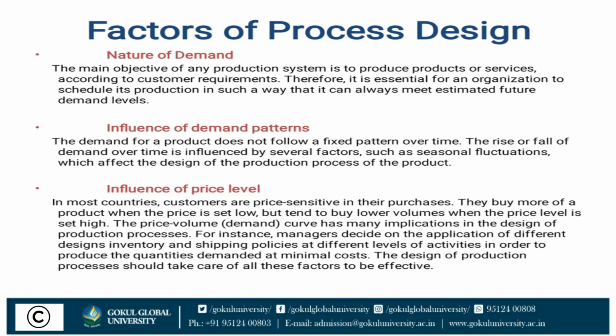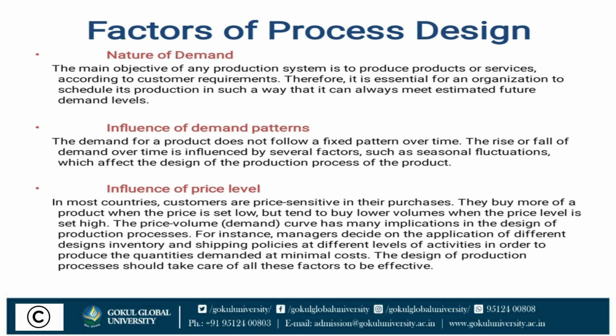Therefore, it is essential for an organization to schedule its production in such a way that it can always meet estimated future demand levels. That means if we are going to produce some production, then we must take care about the customer's demand, fashion, style, choice, etc.